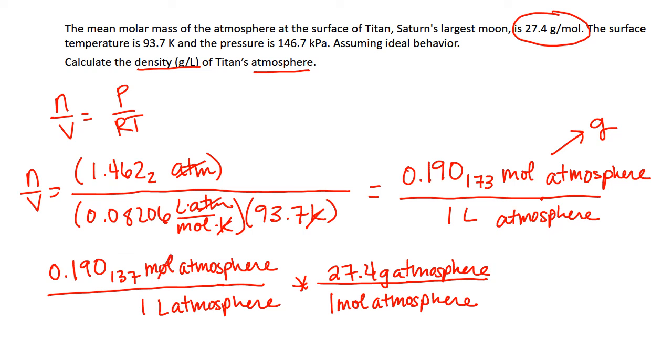So moles cancel with moles, atmosphere cancels with atmosphere, and when I multiply across, I multiply 0.190 times 27.4 and get grams of atmosphere on the top, divided by 1 liter of atmosphere on the bottom. So my answer is 5.21, with 3 significant figures in both places: 5.21 grams per liter of atmosphere.